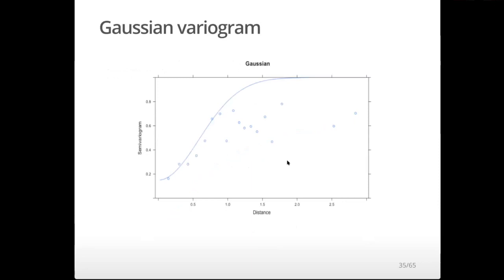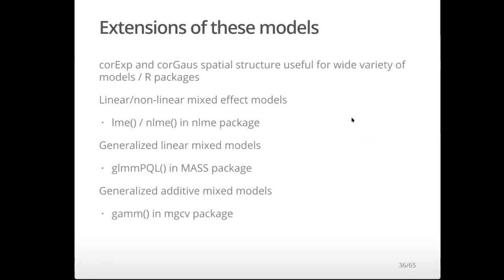Maybe the exponential has slightly lower AIC because it seems to do a little bit better overall than the Gaussian, which tends to miss a lot of this. It should have asymptoted a lot earlier. So these are the kind of diagnostics that we can look at with GLS and other packages, but that's just the intro.